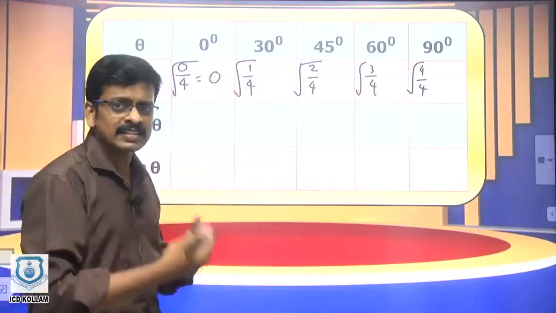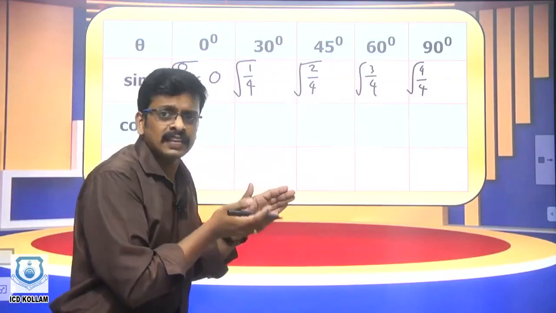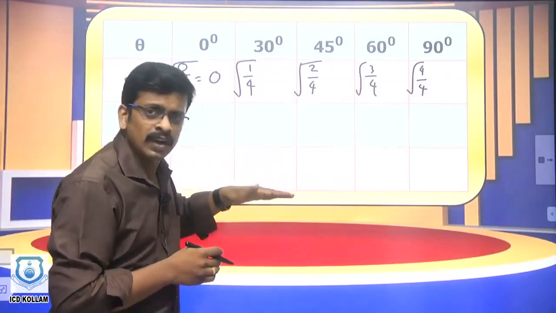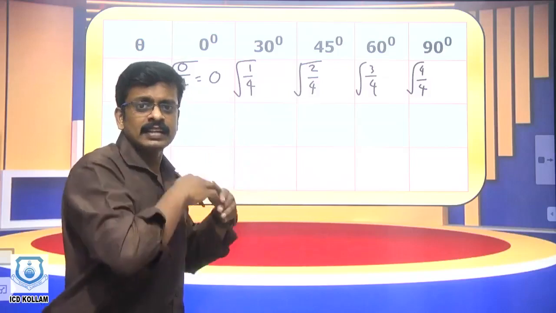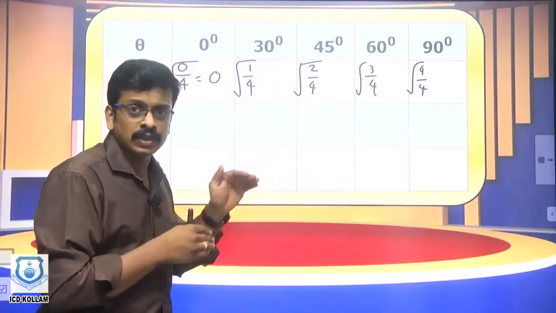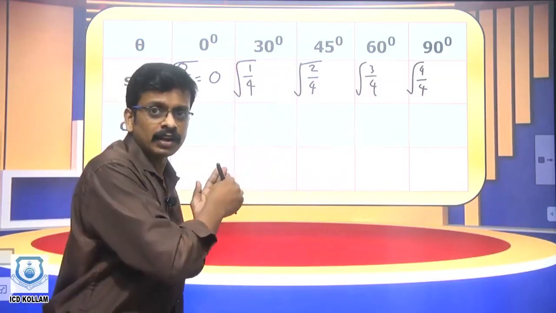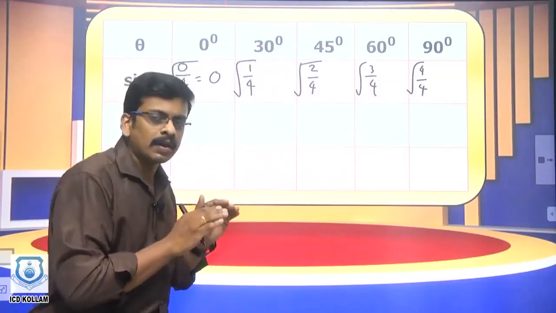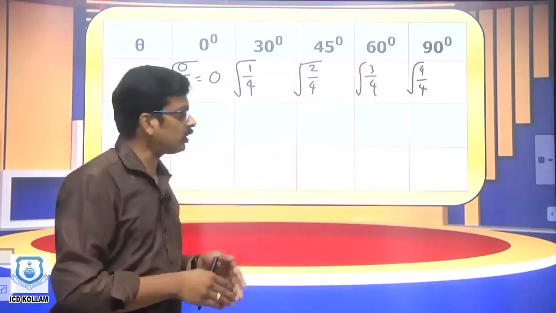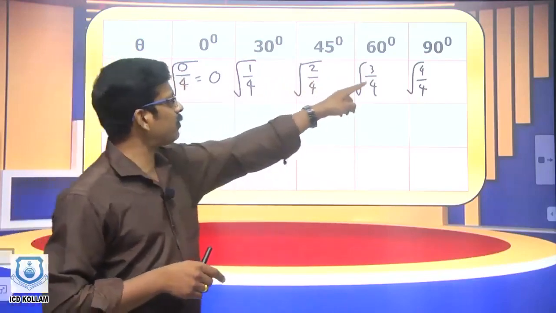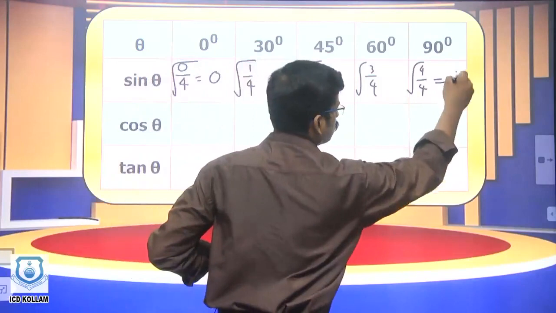We actually realize the way in which sin 0 is 0. When the angle is 0, the sine value disappears. The sine value is denoted in red color in our picture, and that value is not anywhere in our picture. So that is why it is 0, and its maximum value is 1. 4 by 4 is actually 1.